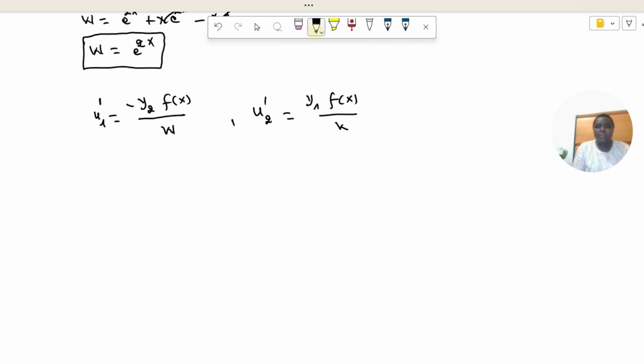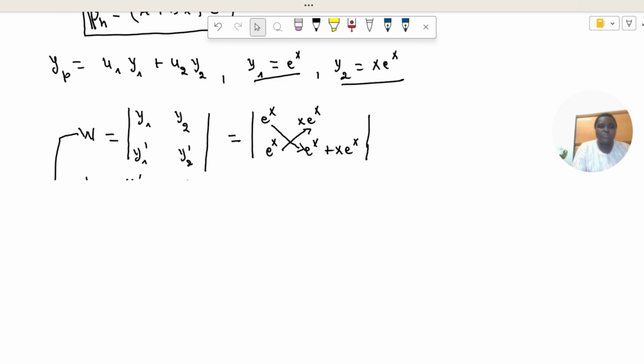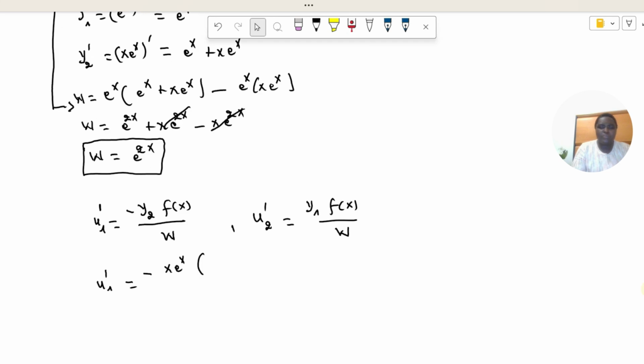over the Wronskian. So from here we will get that u1 derivative is equal to minus y2, which is x e power x, and our function, the right hand side of our differential equation, was e power x over x squared plus 1. So we have here e power x over x squared plus 1, and then over the Wronskian, which is e power 2x.